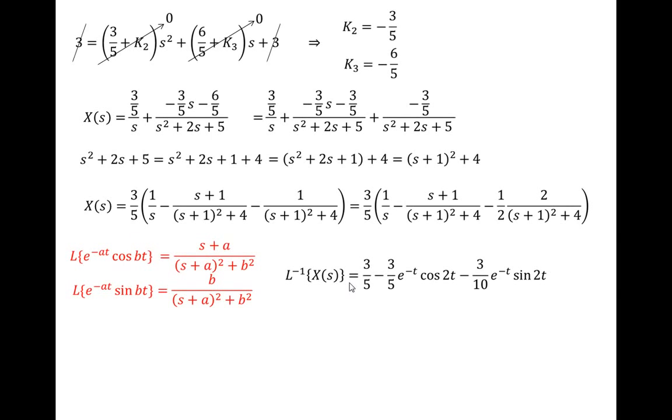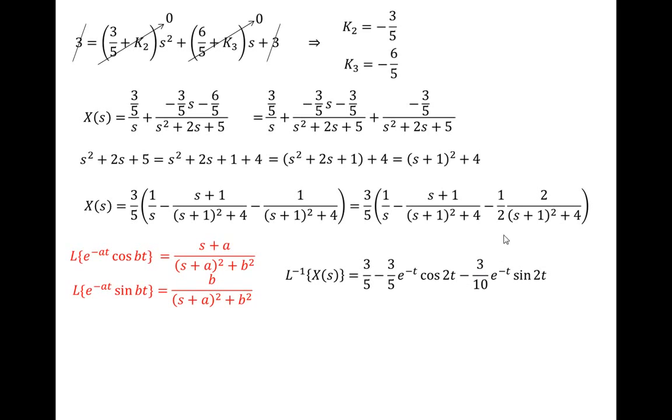So if you look at the relation for X(s), the Laplace inverse of X(s) will be, for 1 over s, the unit step function, so 3 over 5. For this one, if you compare this fraction with this relation here, we see a is equal to 1 and b is equal to 2. So the Laplace inverse of this fraction will be minus 3 over 5 e to the minus t cosine 2t.